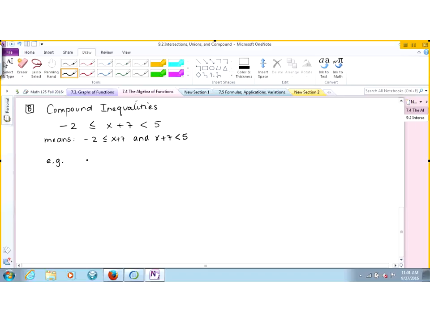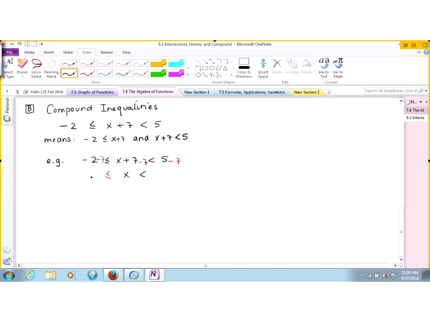So for example, negative 2 is less than x plus 7 is less than 5. How do I solve for x in the middle? Subtract 7. Where should I do it? From all the sides, not just the back side and the front side, but from all the sides. So if I'm subtracting 7, I have to do it through all sides.